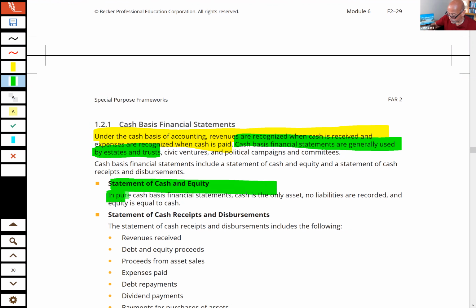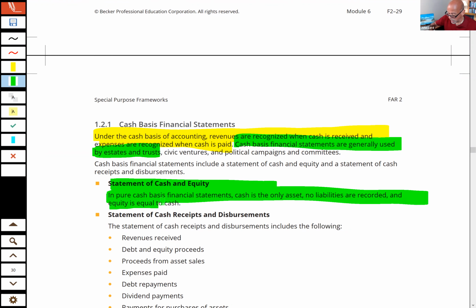Okay. So in a pure cash basis financial statement, cash is the only asset, no liabilities are recorded, and equity is equal to cash. Okay. So that basically is like the balance sheet, but we don't call it a balance sheet.